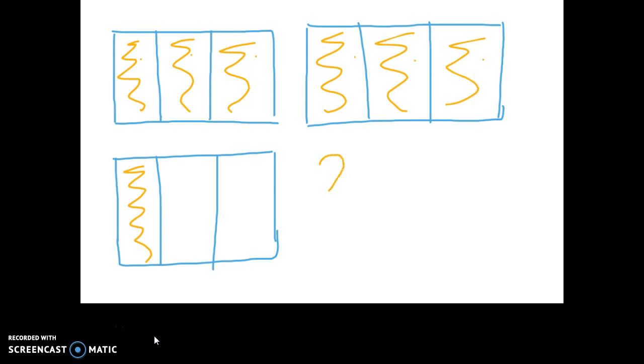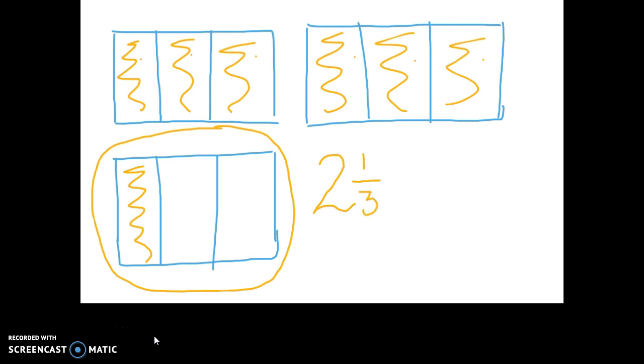And I'm going to look at the remaining one right here, where the whole thing is not shaded. I'm going to write the fractional piece of that drawing. So that would be 2 and 1/3. Now, if I wanted to write the improper fraction that would have the same value, I would need to count how many total shaded pieces there are. 1, 2, 3, 4, 5, 6, 7.